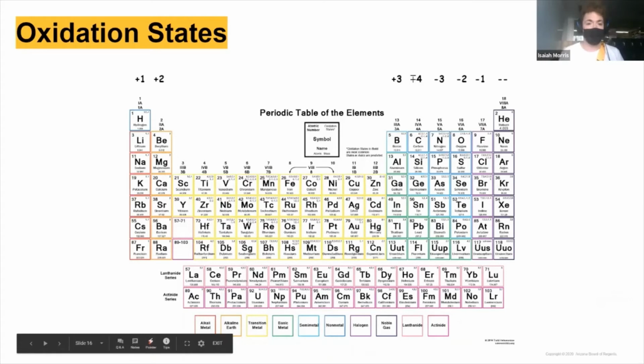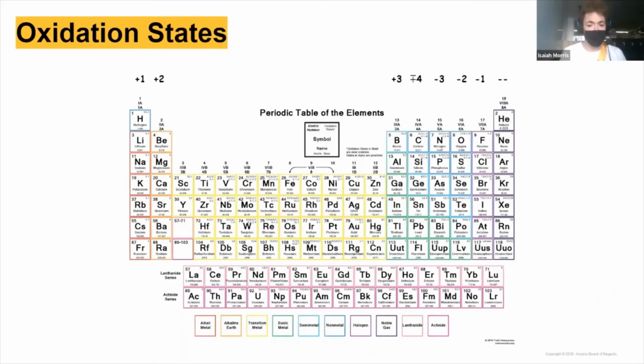If we think about a Bohr model or a Lewis dot model, I'll be explaining more of the rules in a second, but thinking about a Bohr model, we have those 2 electrons in that first shell, and then we build up to the 8 afterwards. Well, this is sort of the same thing. Hydrogen only has 1 electron in its shell, and as such, it wants to do something with that electron, and that's what all of these oxidation states really tell you about a certain element.